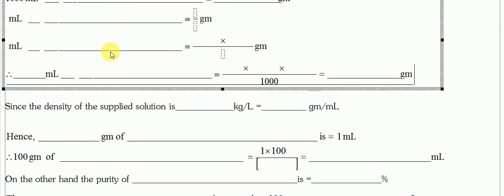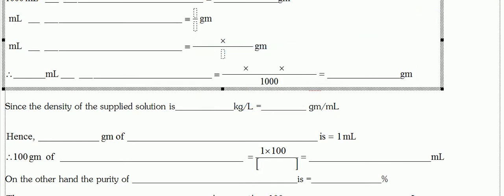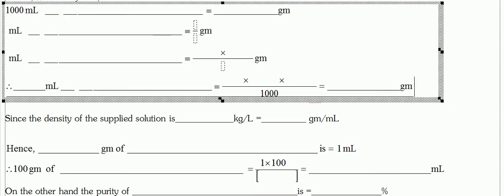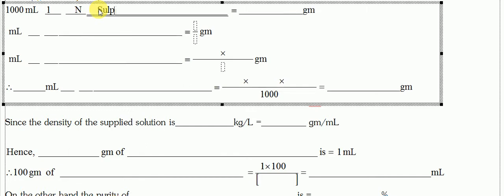Okay, let's move on. The formula says that 1000 ml 1 normal sulfuric acid is equivalent to 49 gram.